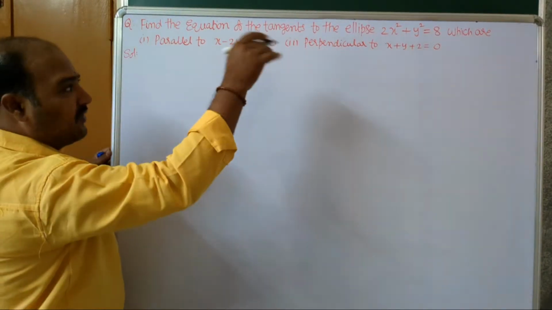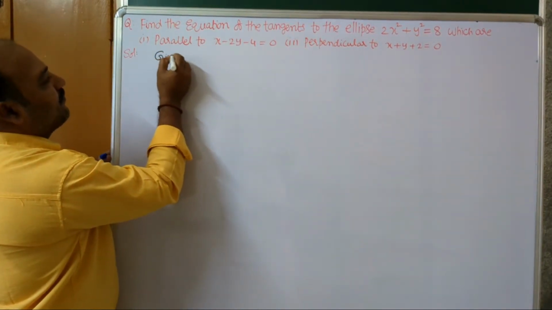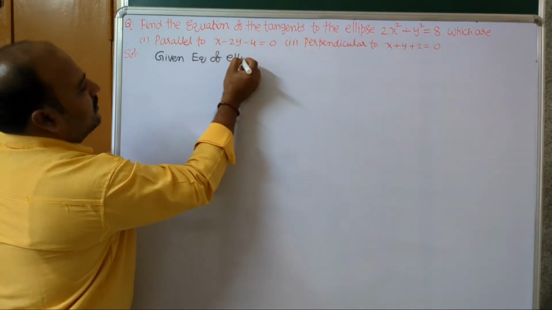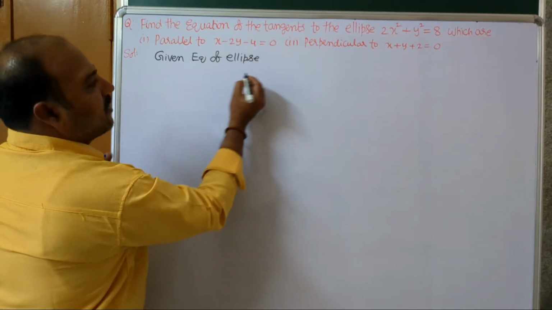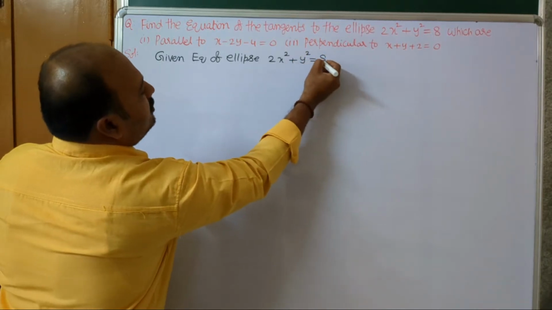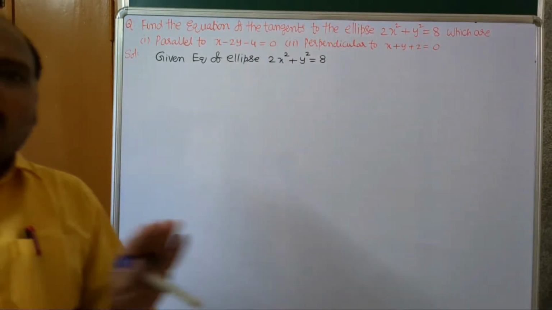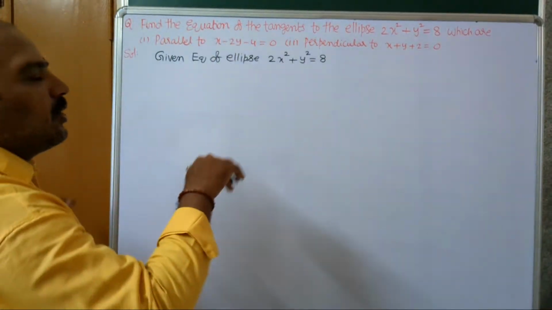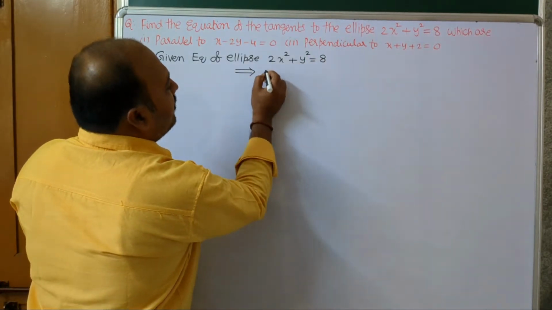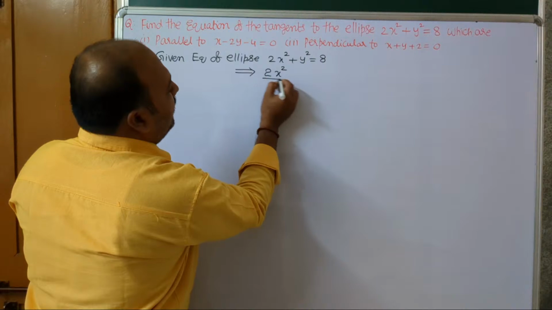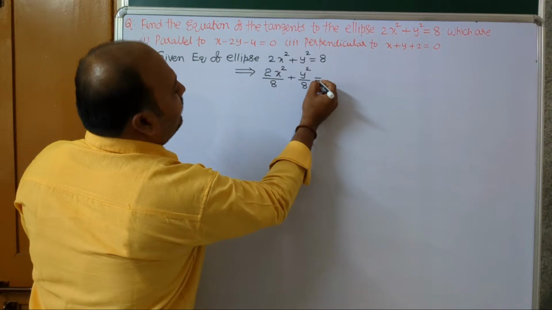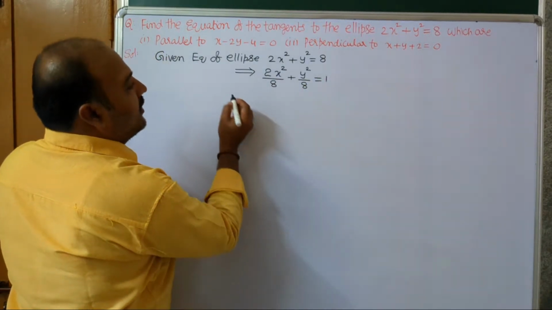First, given equation of ellipse: 2x square plus y square is equal to 8, but it is not in the standard form. First, you have to convert it into standard form by dividing by 8. So 2x square divided by 8 plus y square divided by 8 is equal to 1.